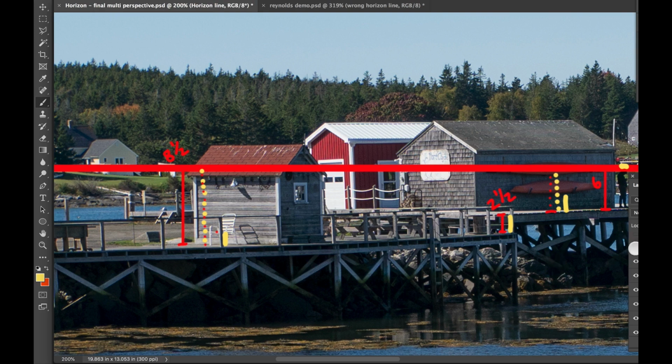So what I can do is I can then take and continually move those feet down to the water. And you'll see that I have 1, 2, 3, 4, 5, 6, 7, 8.5 feet at the water level. That puts me at 17 feet. So my horizon line is 17 feet off the water. Well, I can double check that.